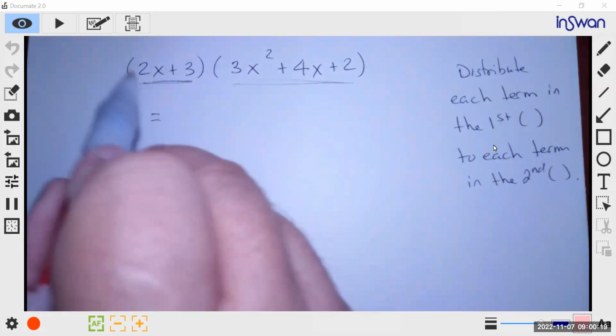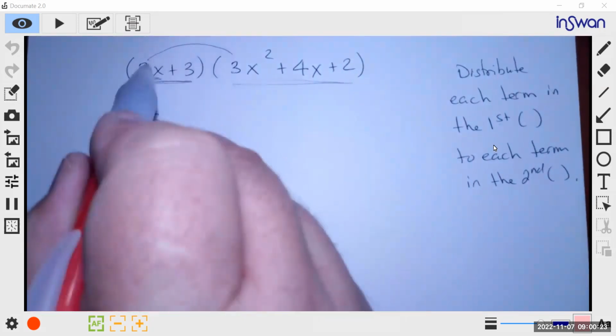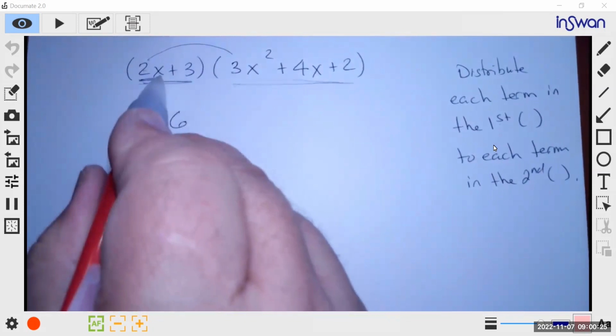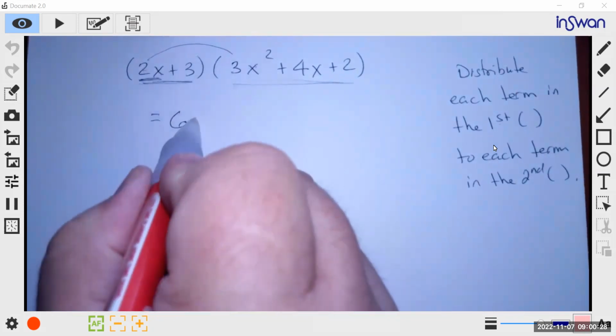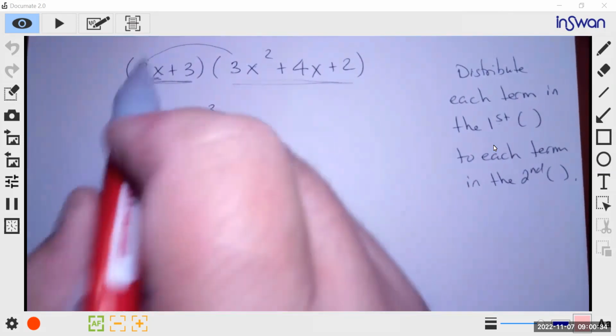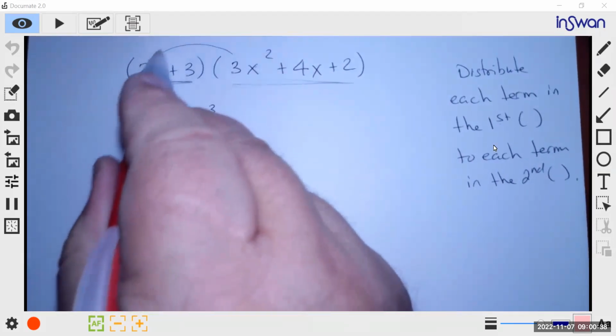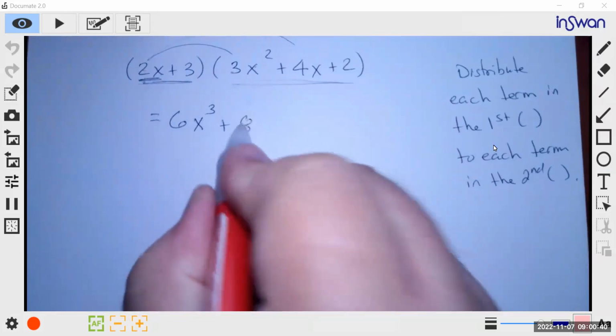So let's look at the first one. Multiply everything by 2x. So positive is positive. 2 times 3 is 6. X times x squared. There's 3 x's. Again, we're not done with the 2x. Positive times positive is positive. 2 times 4 is 8.